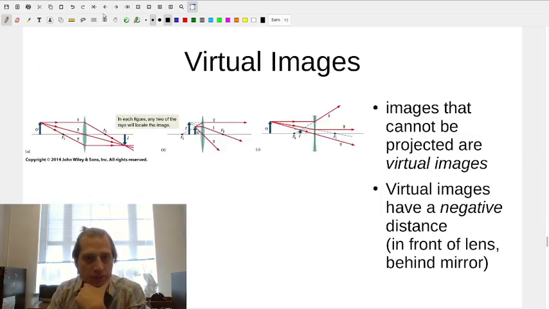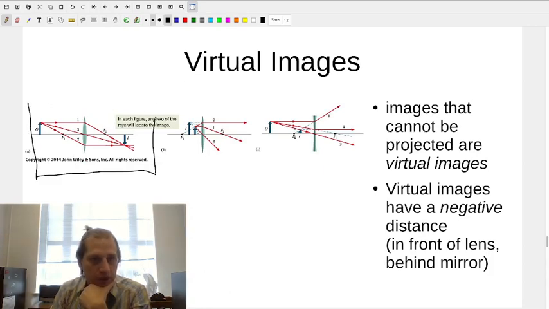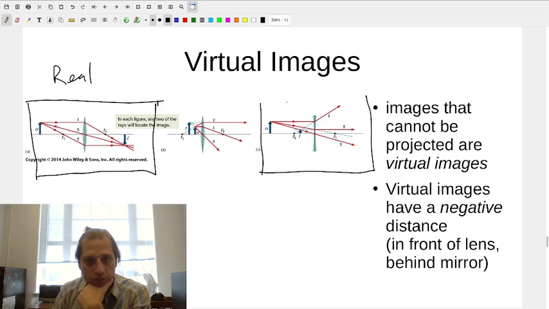So there's a little bit of a psychological effect. Here, again, this one is real because the light rays are going to a single point. And here, these are virtual, because the rays are not coming together, but if you look at that, you will see an object through that lens that's smaller and upright.